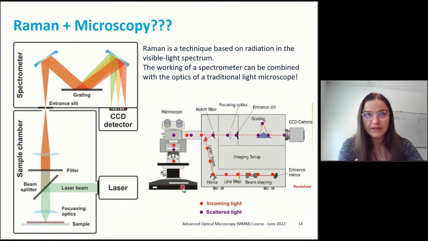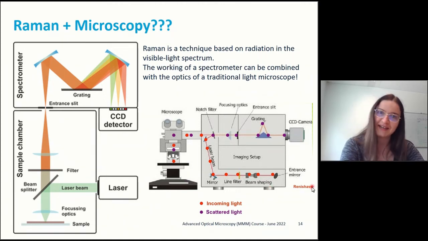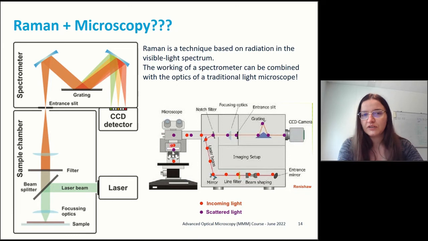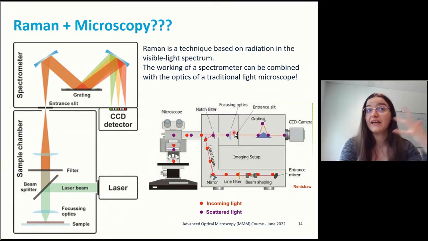This is the usual microscope, but there is a whole set that has an incoming laser. The laser gets in, and the radiation that comes out, you want it not overlapping with the line that brings the laser in, but you want it coming out, filtered, focused, and then grated off, so you can differentiate all the energies this is composed of, and then it lands in a CCD camera.